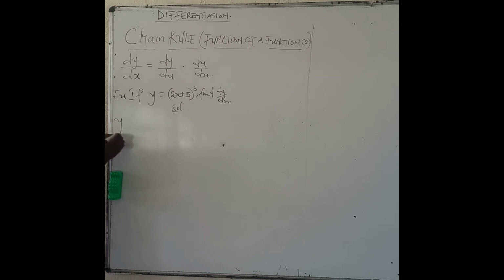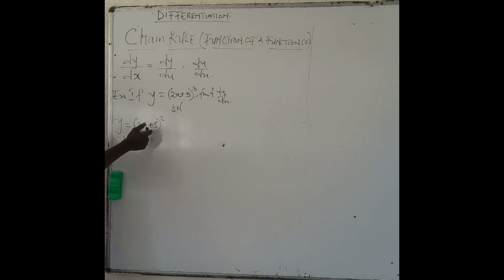So I have y is equal to 2x plus 5 raised to power 3. Now, I said earlier, you are going to have dy over du and du over dx. The first thing you are going to do is determine your u. Let u be the inner function.